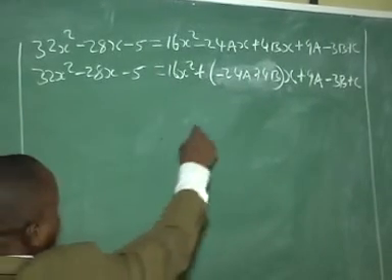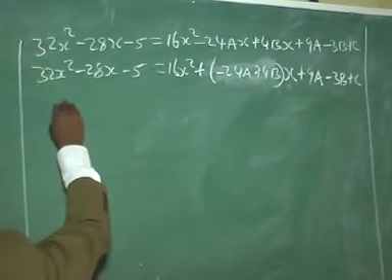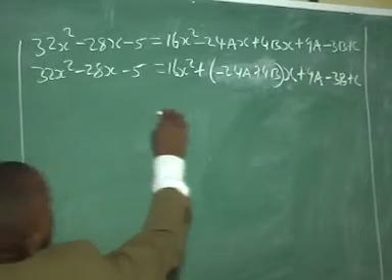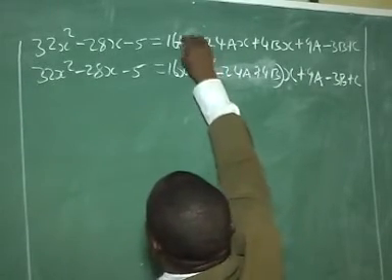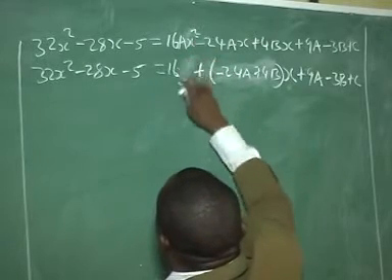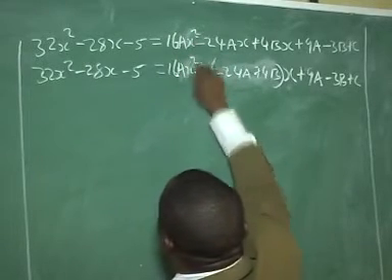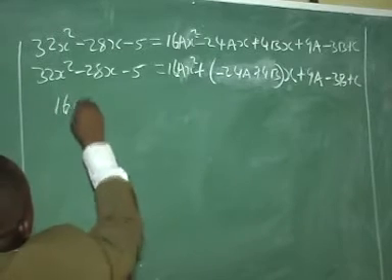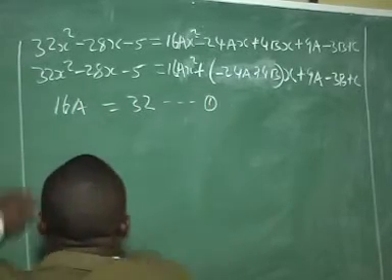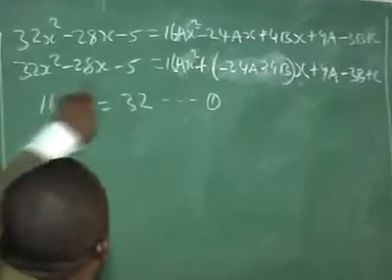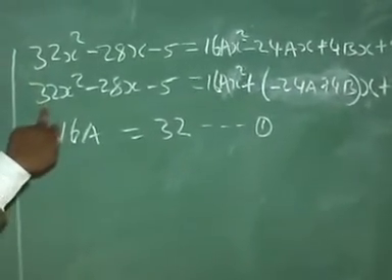Comparing coefficients, here we have 16a x squared, and here we have 32x squared. So we have that 16a is equal to 32. We call that equation 1. That is the coefficient of x squared.